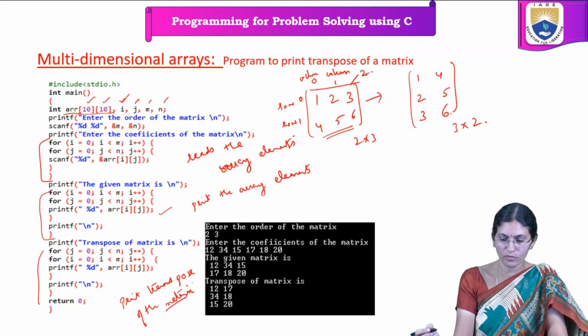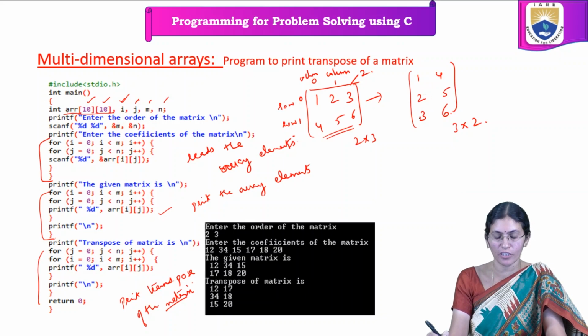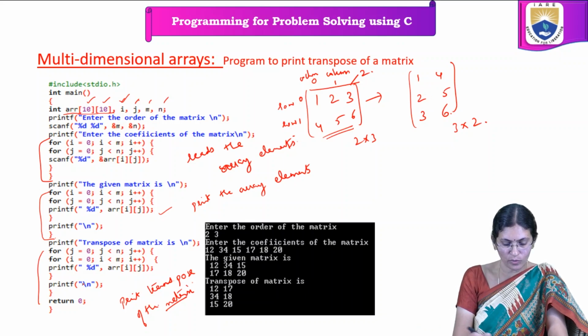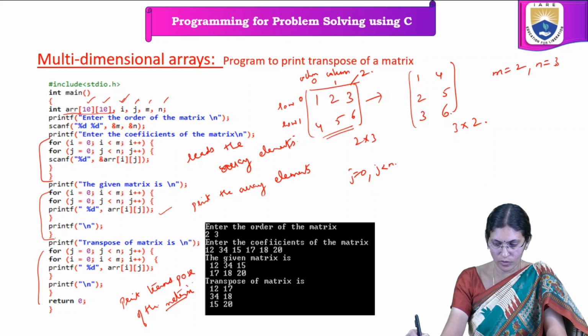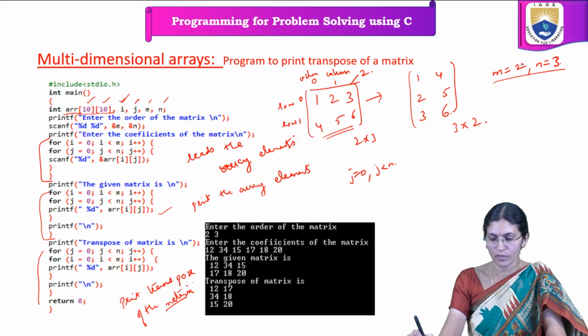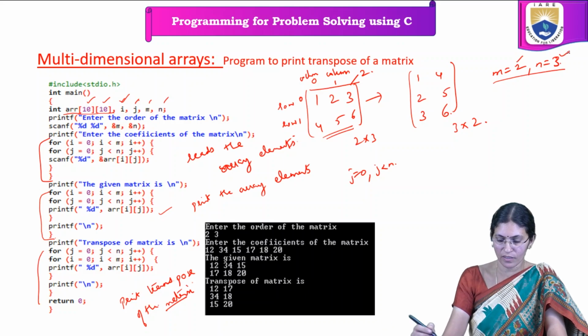So 0, 1, 2. Next, in order to print the transpose of this matrix, this is the code we have written. Suppose n is equal to 3, so m is 2 here and n is equal to 3. These are the values given by the user. Rows are 2 and columns are 3.